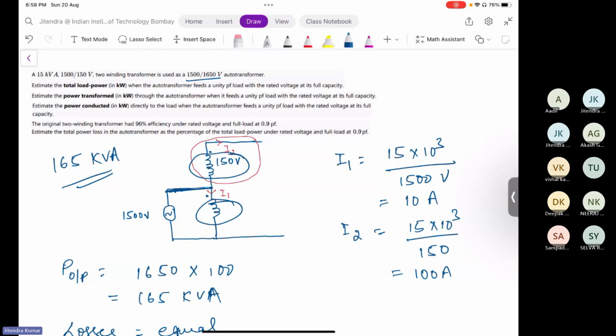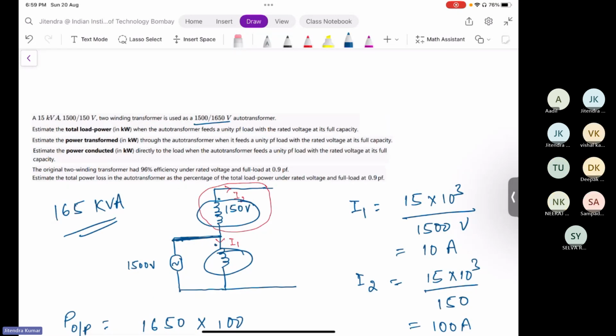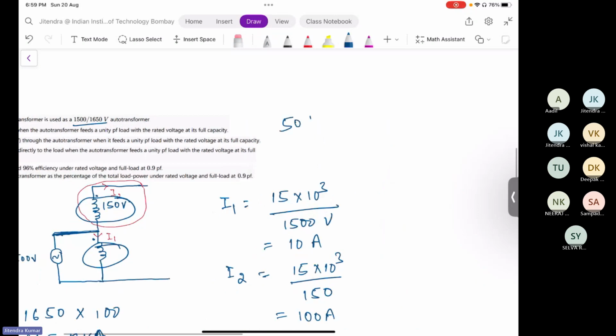That is a very good question. You see here the voltage has been increased from 1500 to 1650. It means you are saying that if voltage is increased and frequency is constant, then your flux density should increase, right? Yes. But sir, again, here frequency information is not provided. Had it been provided, we could have derived. Or let us suppose you are assuming that 50 hertz of frequency is there.